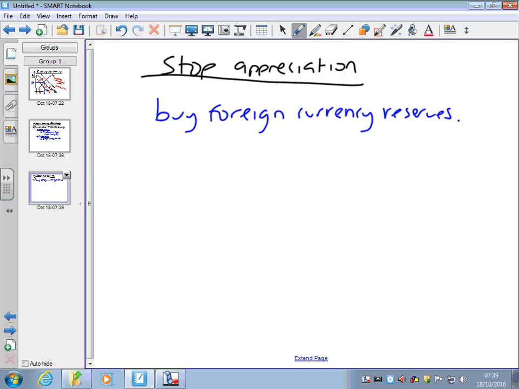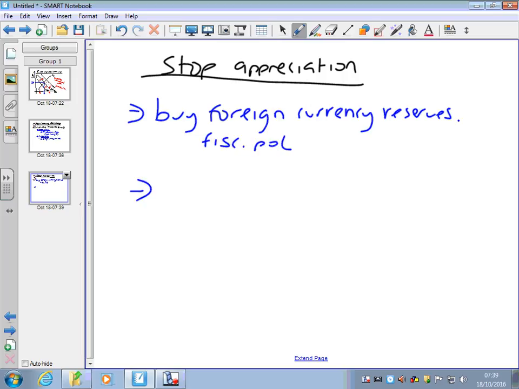So if you can sell your own currency, you are in effect raising the supply, which will bring down the value, and you're making other economies' currency stronger against yours to stop yours from getting stronger. So that would be your link to fiscal policy.